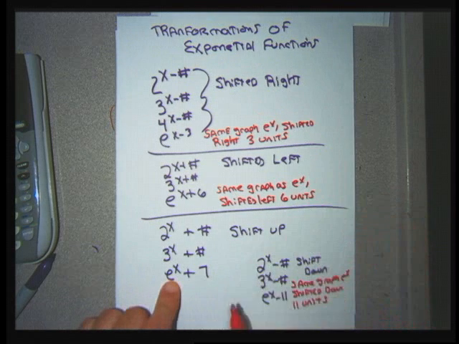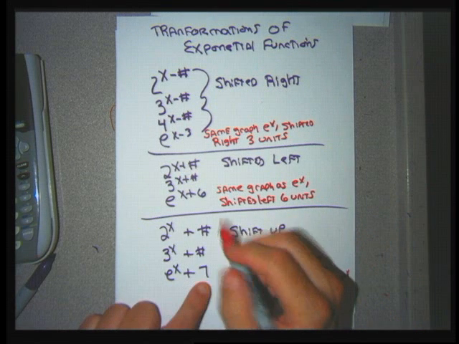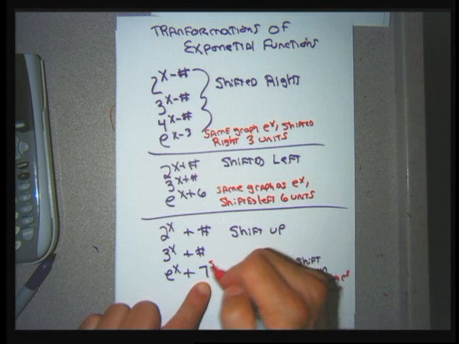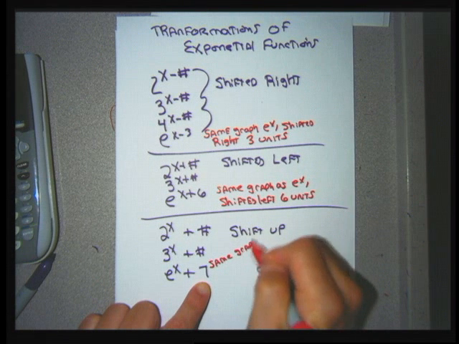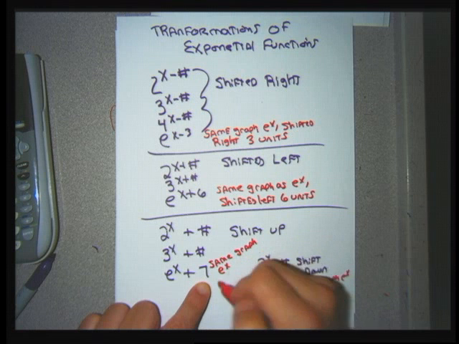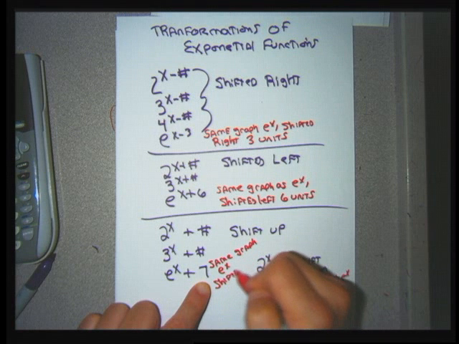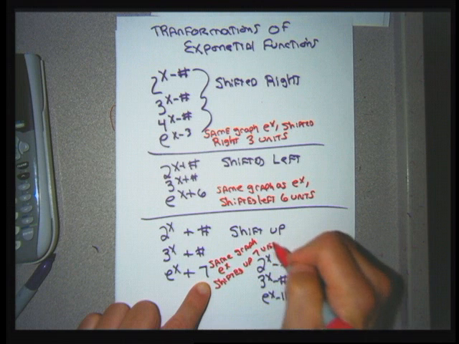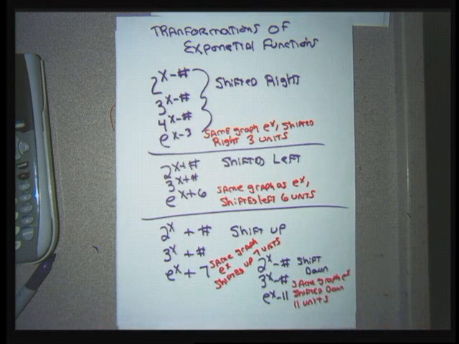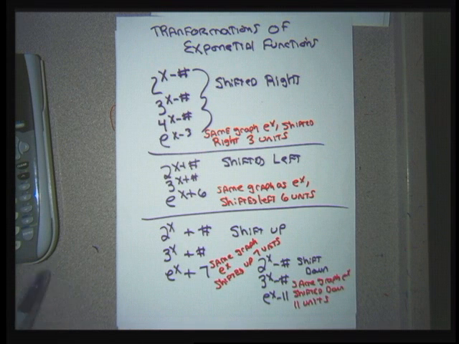And this e to the x plus 7, because the 7 is not in the exponent but after the function, is going to be the same as the graph of e to the x, but shifted up 7 units. So pluses and minuses, just like parabolas, move the graph left or right, up or down, depending on where the plus or minus is.